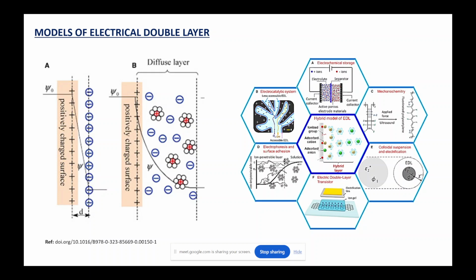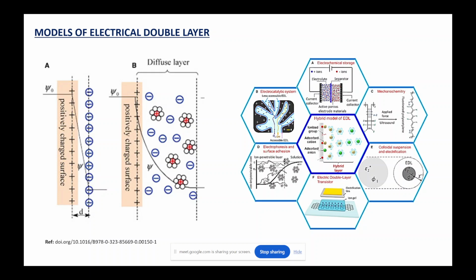That particular concept of diffusion and thermal motion was neglected, or to be very honest, ignored, when the Helmholtz model of the electrical double layer was proposed. After a lot of research over a period of time, they found that this limitation has a significant role in the mechanism of electrical double layer formation.